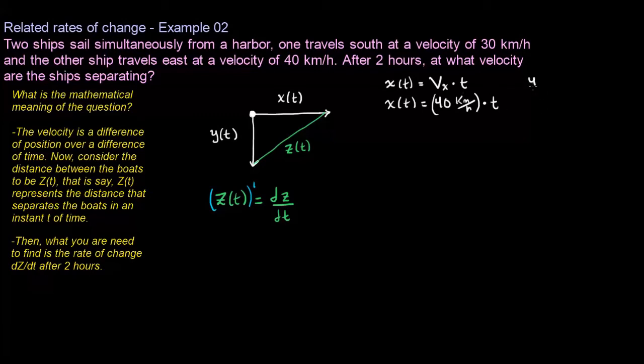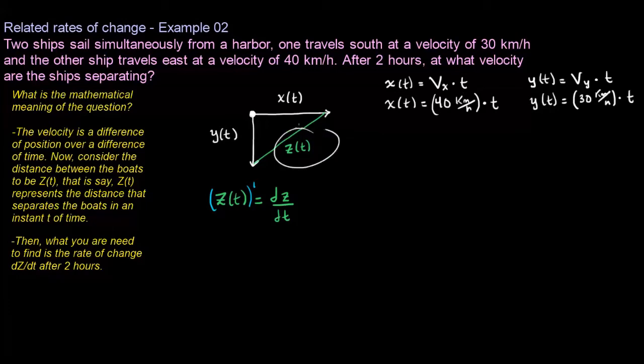I'm going to write here y of t would be roughly the velocity of the other boat, the velocity of y, times t. In other words, y of t would be equal to 30 kilometers per hour times the time. Now we got x and y of t, but how can we relate this x of t, y of t, and c of t, which is the one we're looking for?